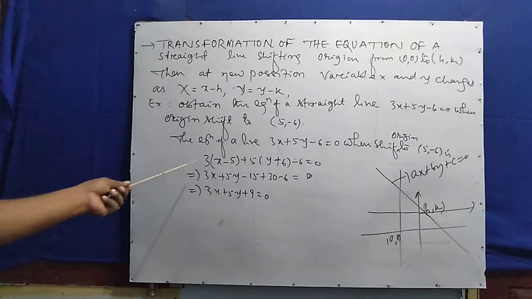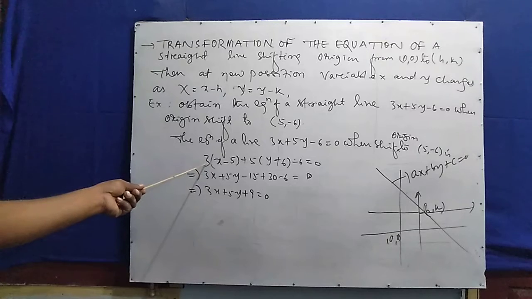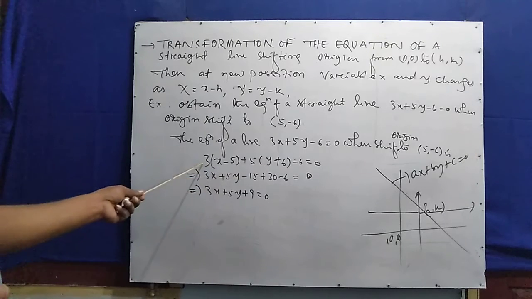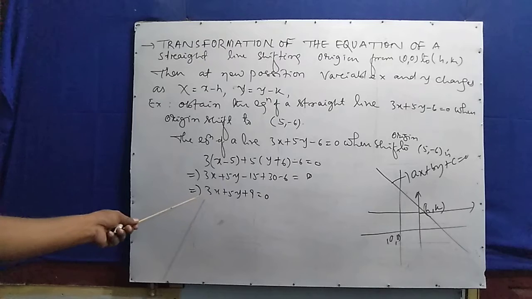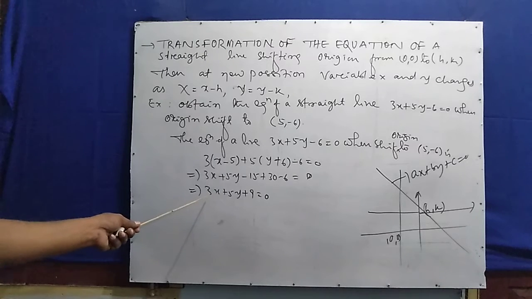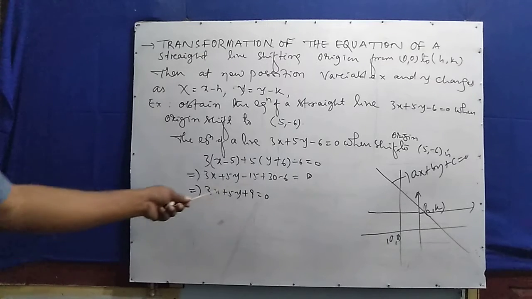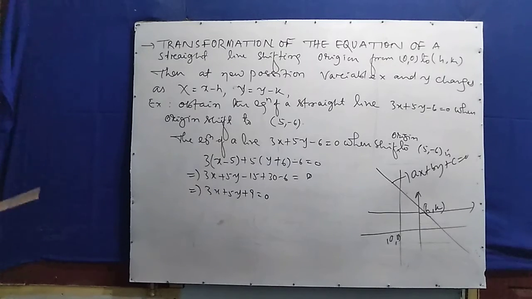On simplification, you get 3x plus 5y minus 15 plus 30 minus 6. Further simplification finally gives 3x plus 5y plus 9 equal to 0. So this is the transformation when the origin shifts from 0, 0 to the point h, k.